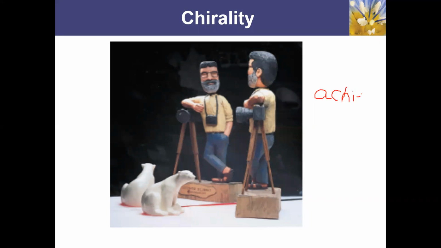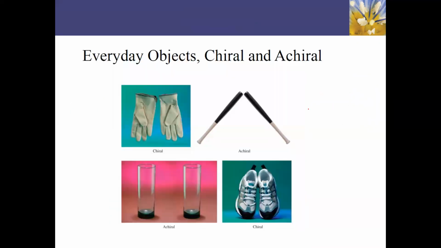They are two different words, achiral and chiral. When I say achiral, it means that the object and its mirror image are identical. That means the object and its mirror image are superimposable.